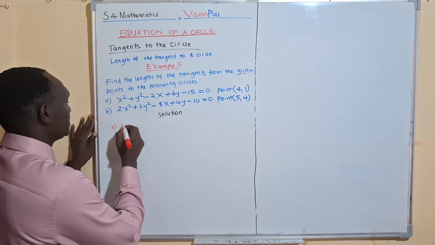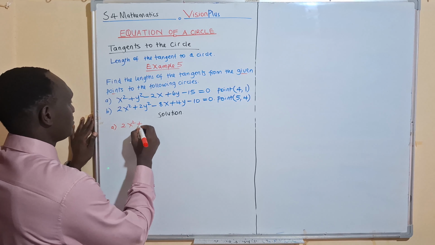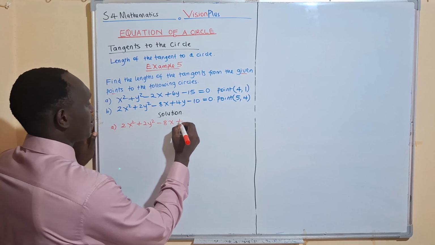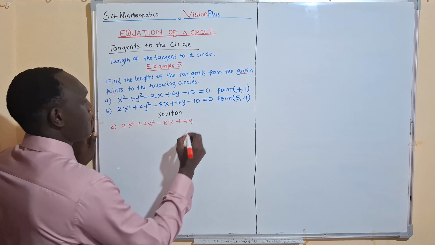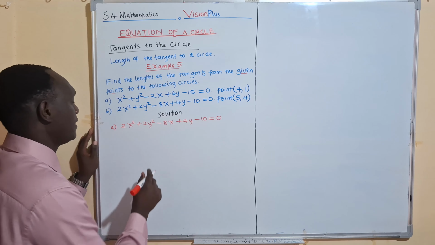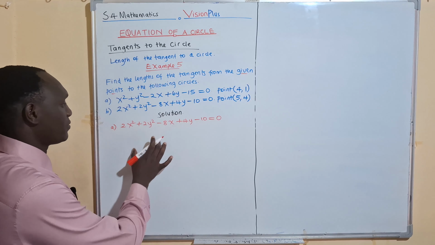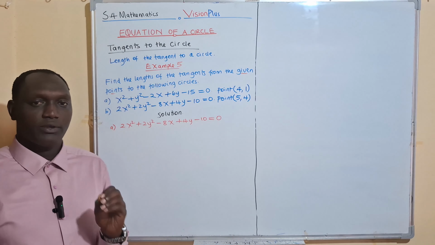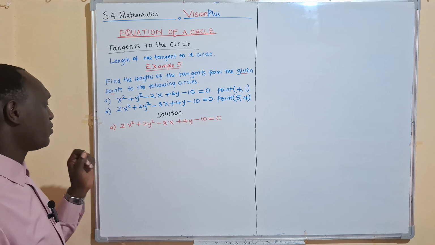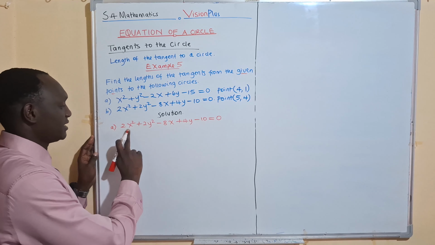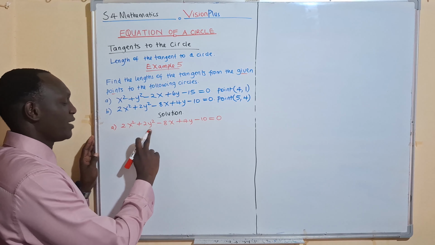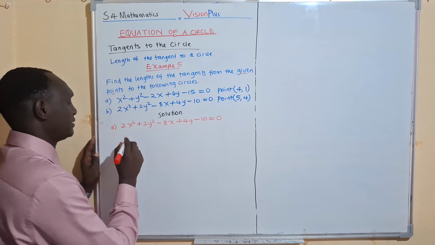Part B: the circle is 2x squared plus 2y squared minus 8x plus 4y minus 10 equals 0. This is the given circle. Remember, when we are doing circles, I warned you seriously that the coefficients of x squared and y squared must always be 1.